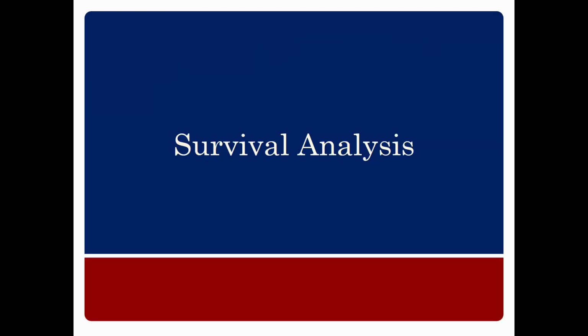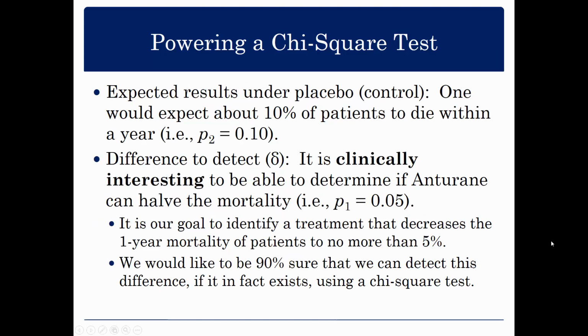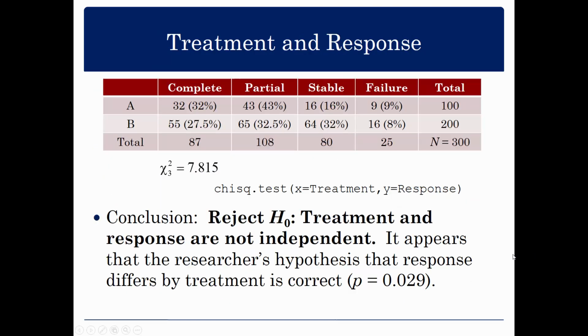Another one which is similar to what we had for this complete, partial, stable, failure is in cancer studies we observe a patient's response many times over the course of a study, but very often we hypothesize that their best response achieved is different.